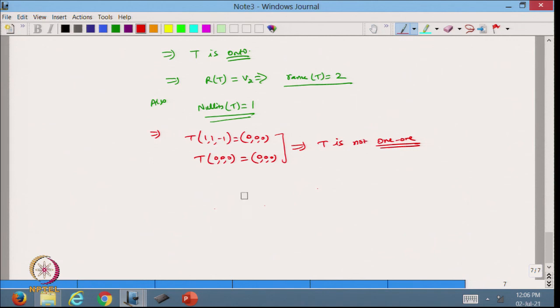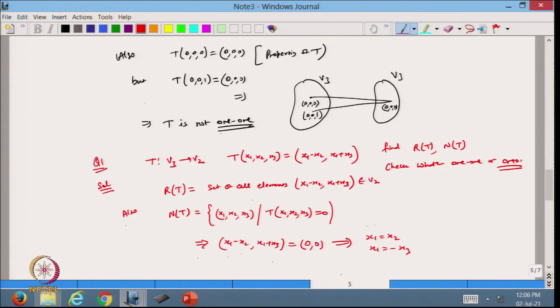So, you can also check that rank plus nullity, that is 2 plus 1, is equal to 3, and that is equal to the dimension of V3, since we are defining the linear map from V3 to V2.